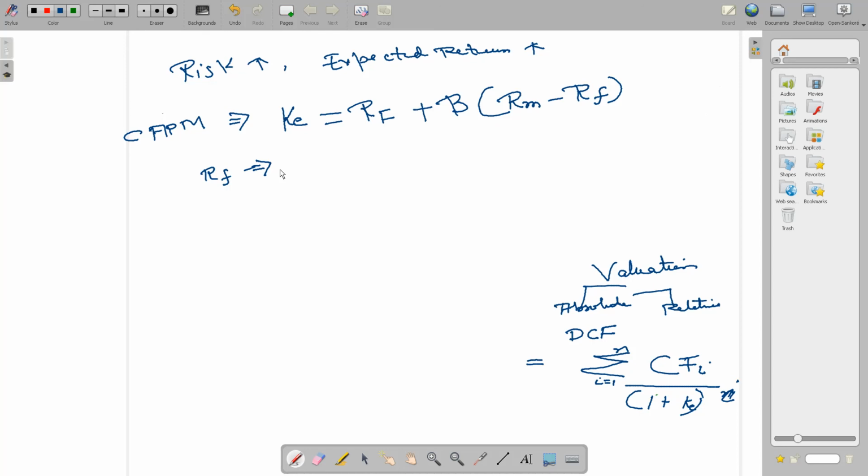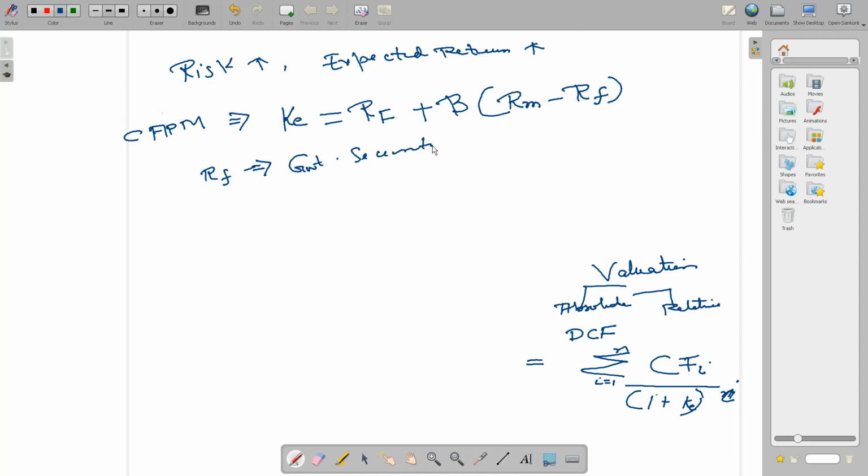That means that if I have got a security which promises me to pay 8% return, then I would be getting that 8% return year after year. So, in any country, we generally take the risk-free return as the return from a government security.